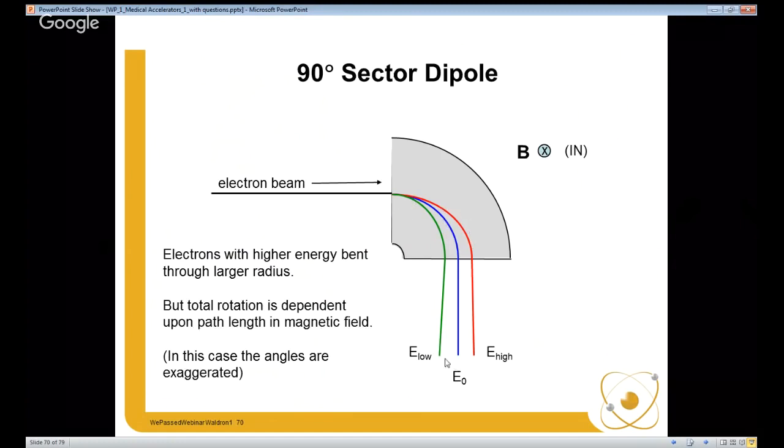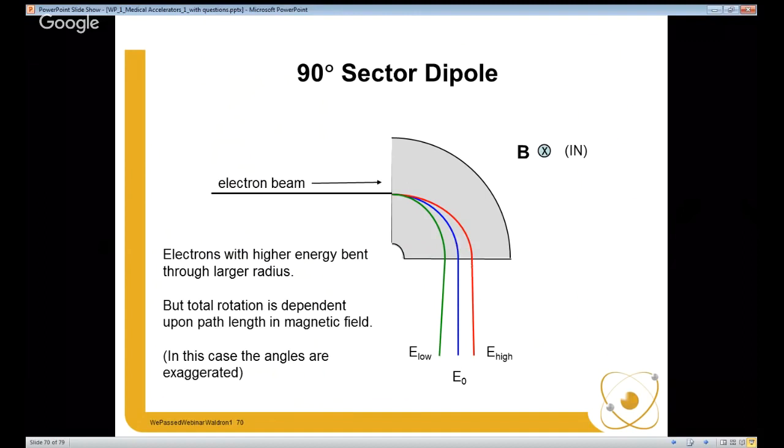The E0, the central electrons, are going to go straight through at 90 degrees, and low energy electrons are going to be bent more. And our intrinsic electron beam leaving the accelerator is a spectrum of energies. In fact, it is a wider range of energies than we would like to use clinically. Now, if we can spread this beam out and clip off the unwanted sections, then we can get the beam energy we would like, and that is what we do.